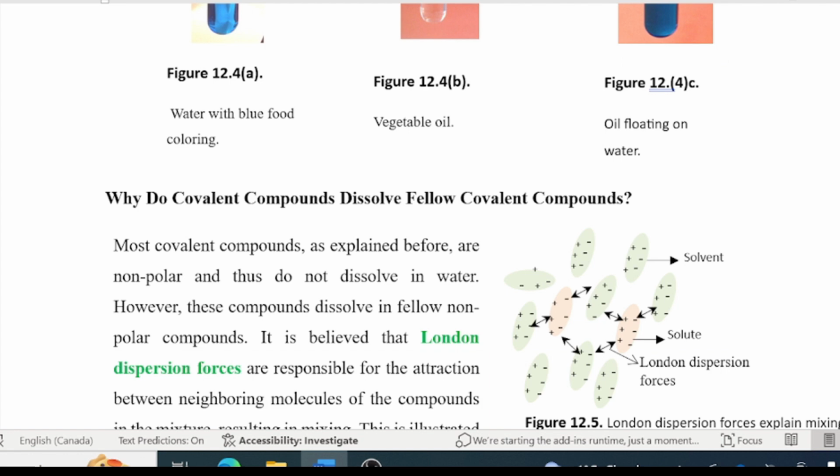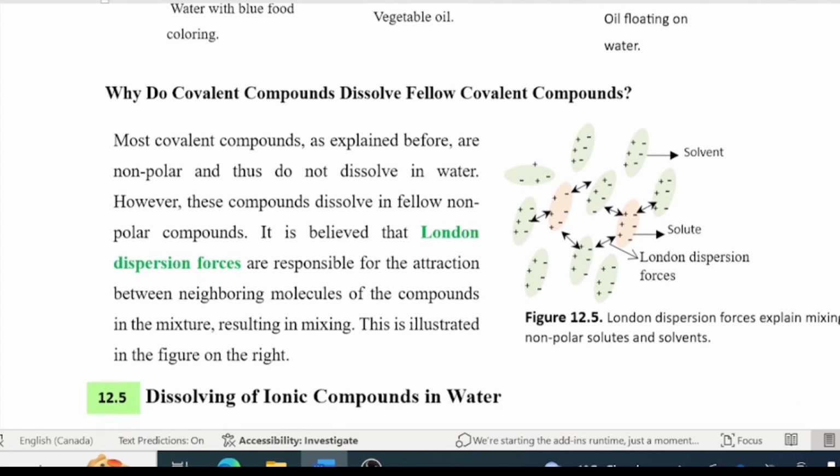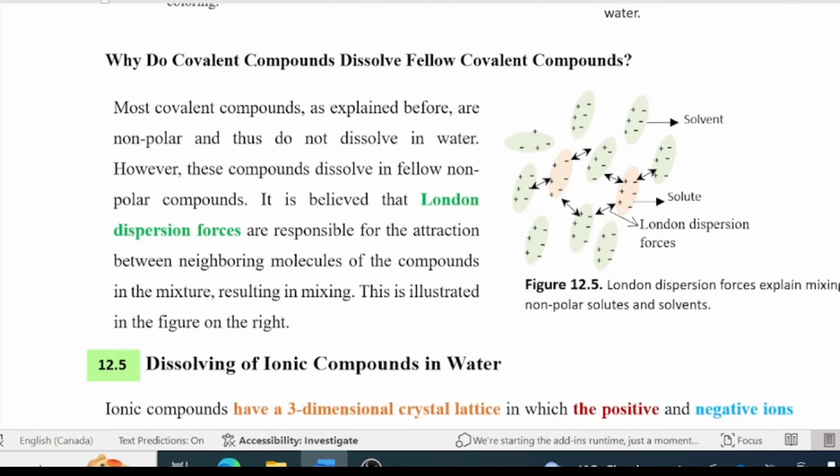So this diagram here is showing you how covalent compounds that are non-polar dissolve fellow non-polar ones. So let's say that these guys here are solid molecules and these are the solvent ones, okay? The theory is that because they're all non-polar, why gasoline will wash away the grease from your hand is because of London dispersion forces that exist between the solvent molecules here.